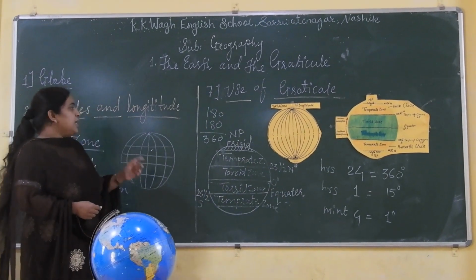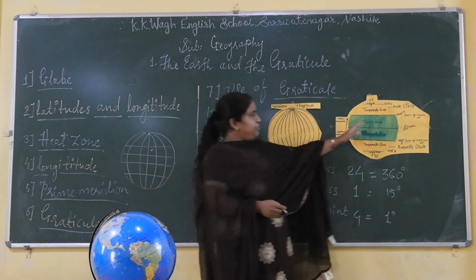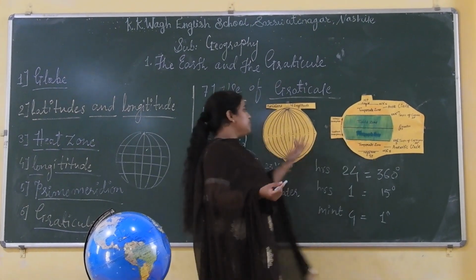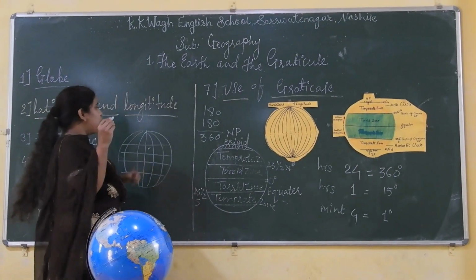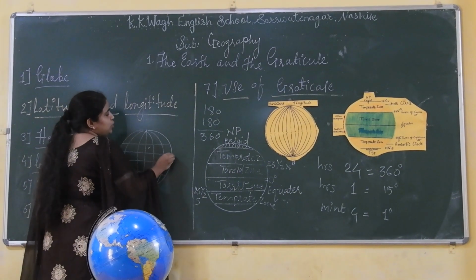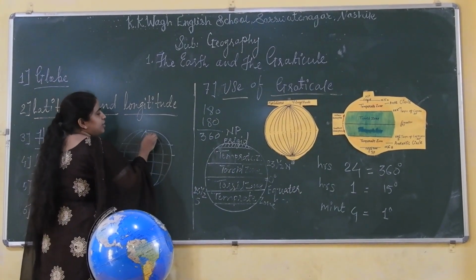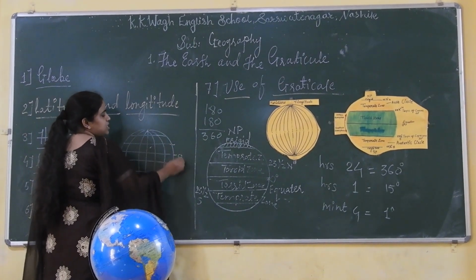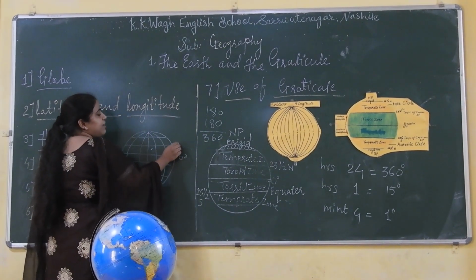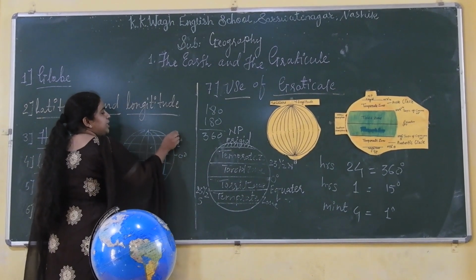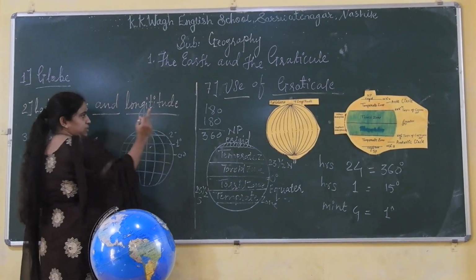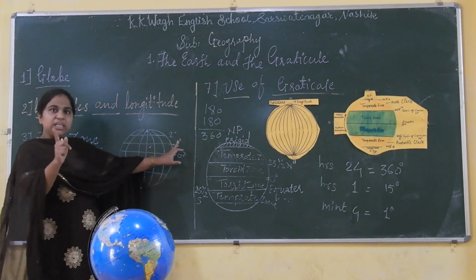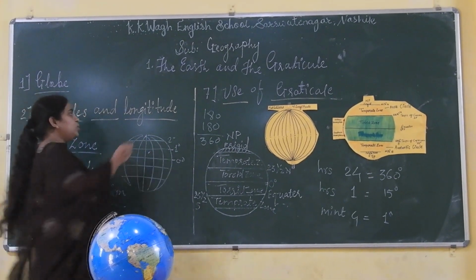And if we say the distance between, and we draw lines from the equator, each line has 1 degree: there is 0, then 1 degree and 2 degrees, up to 90 degrees.